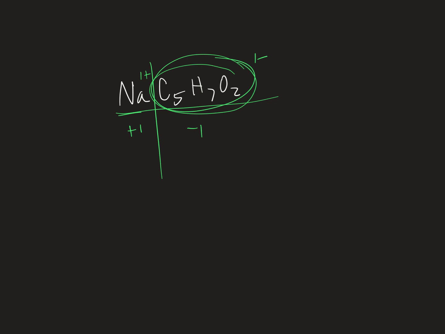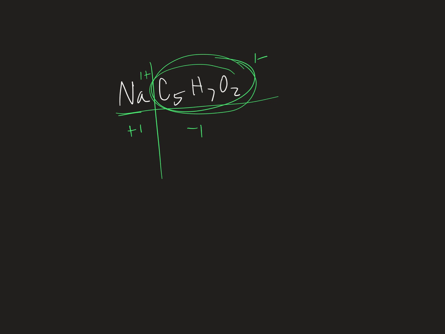To finish up this, the charge you're saying then is a -1? Uh-huh. That's it. Okay, because I Googled this afterwards and Google said it was 0. The test question asked for the charge of the polyatomic, right?